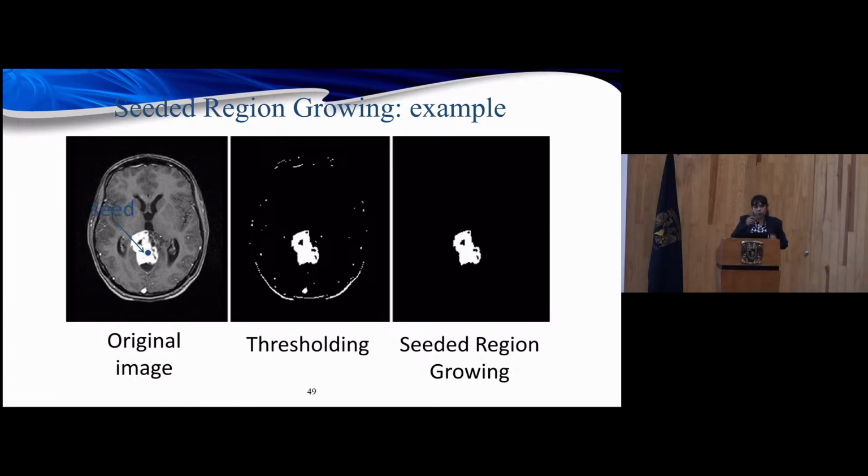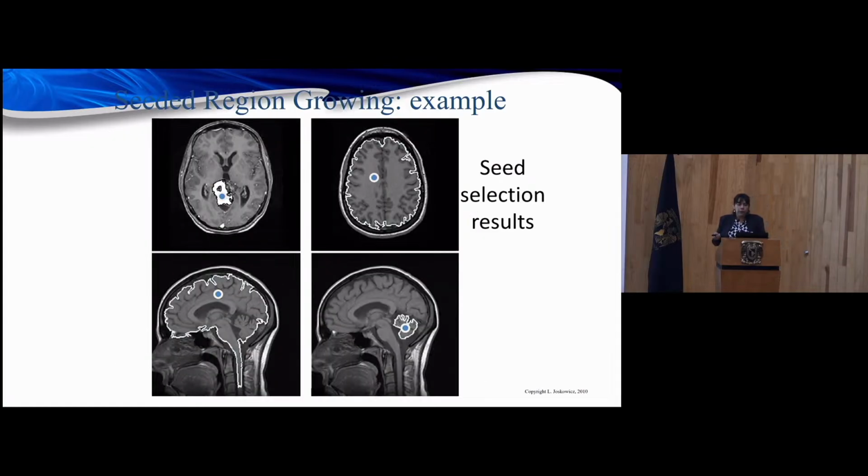The seed adds only adjacent pixels of the region. So the moment there's a bigger black spot here, it says this is not part of the tumor, for example. Obviously, it depends on where I set the seed initially.